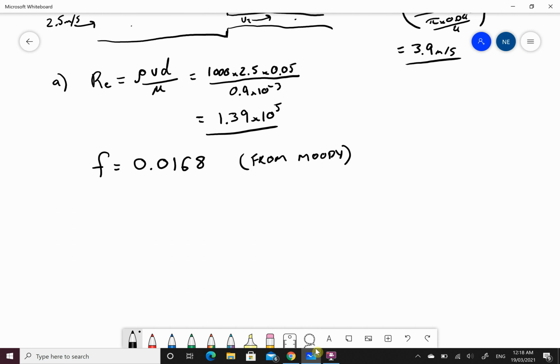So now that I've got Reynolds, I've worked out it's a smooth pipe, worked out my friction factor, I can work out my head loss with friction. Well, I have my friction factor, my length divided by diameter, v squared on 2g.